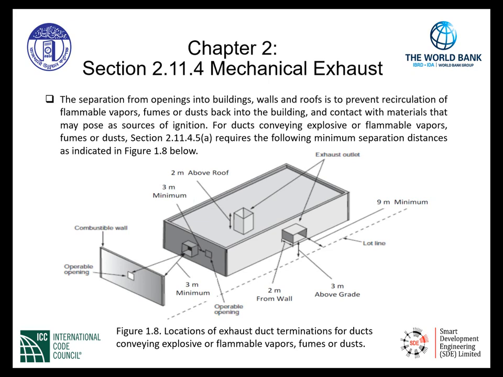Now, the authority must receive construction documents for mechanical exhaust systems, and on the construction documents, the engineer must indicate exactly where the terminations are going to occur. Again, if this is an explosive or flammable vapor exhaust system, or even fumes or dust, these are the minimum requirements that have to be maintained.